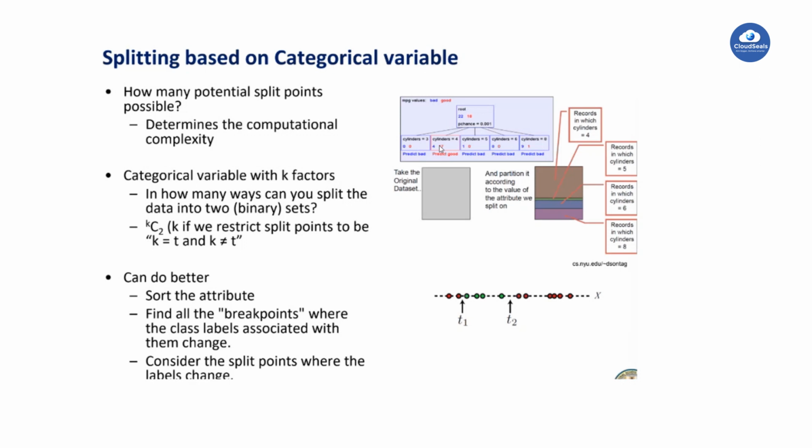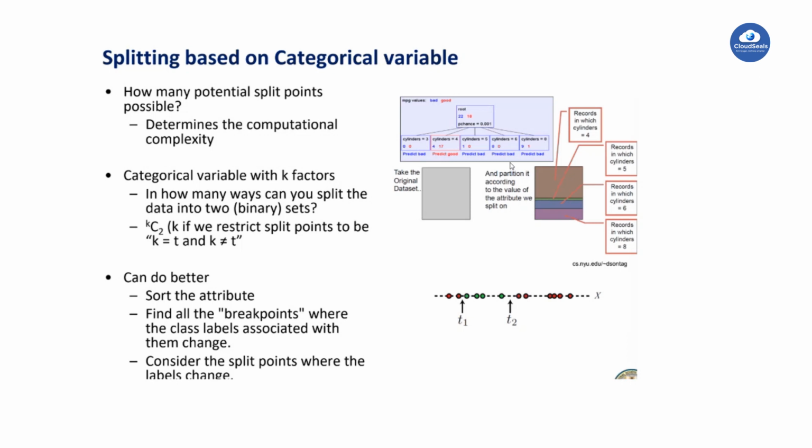That means whenever a new data point comes, first we check whether it has cylinder 4, 5, 6, 8. Sorry, there is no 7. If that cylinder is 4, we predict good. If it is 5, 6 or 8, then we predict bad.